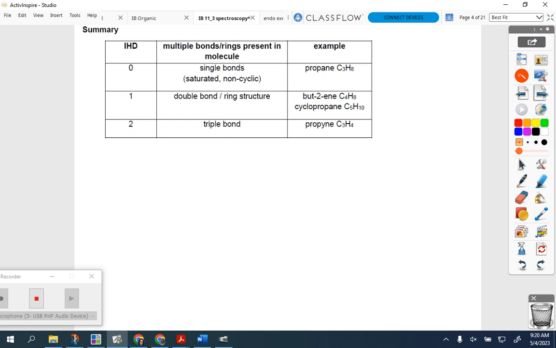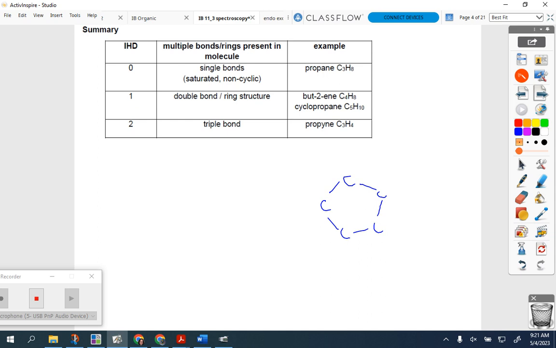A ring structure is going to add 1, because if you think about a cyclopentane, breaking this bond and turning it into a straight chain would add a hydrogen to each carbon. So you would add 1 H2 to break up that ring. So double bonds or rings are each going to add 1 to your index of hydrogen deficiency. Any triple bonds are going to each add 2.